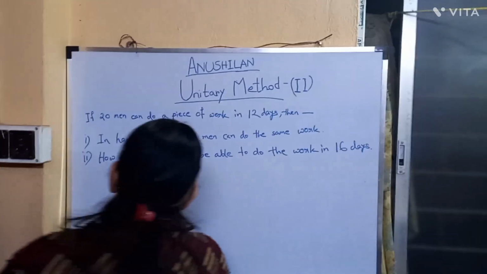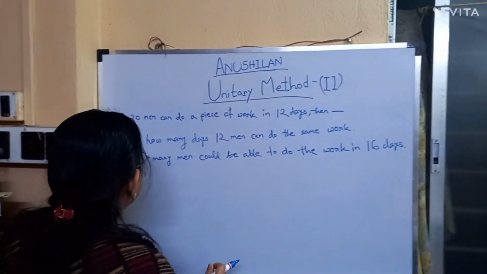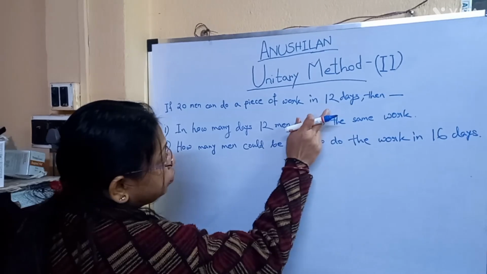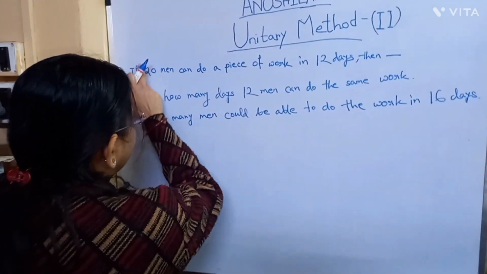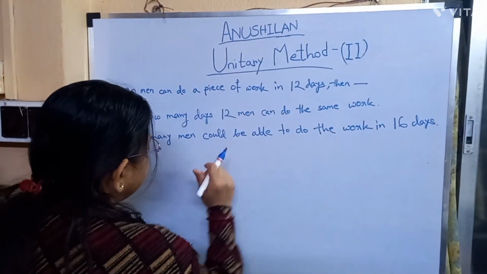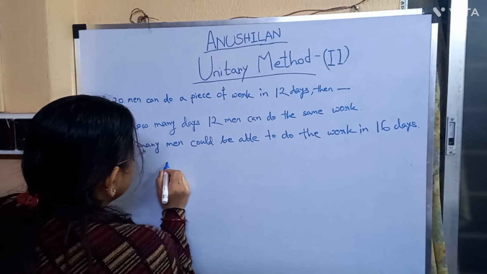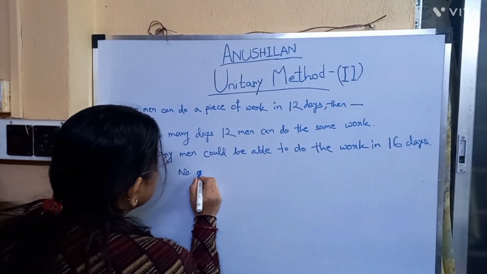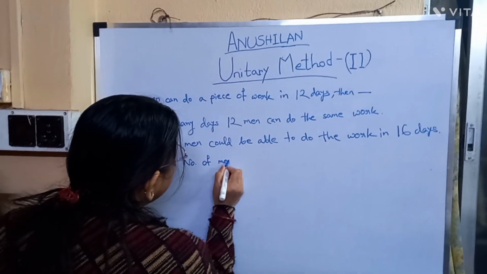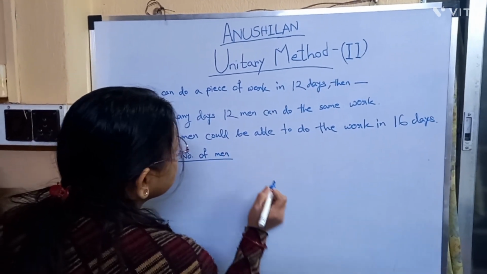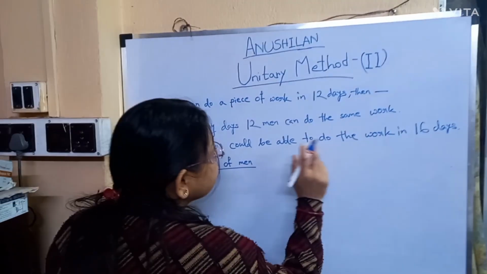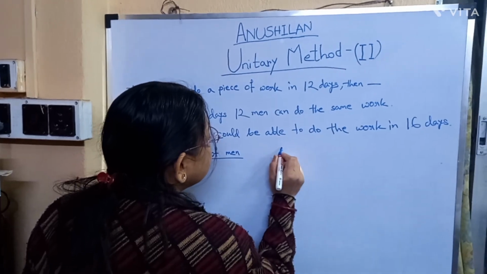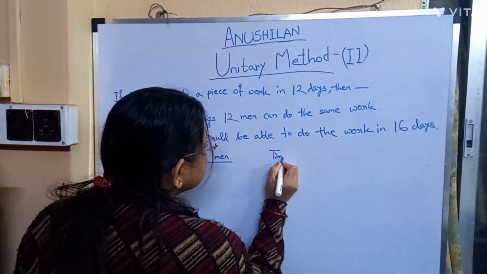Now I am solving the first one. I have two given parameters, number of men and number of days. So at first I am writing the tabular structure: number of men, time taken.